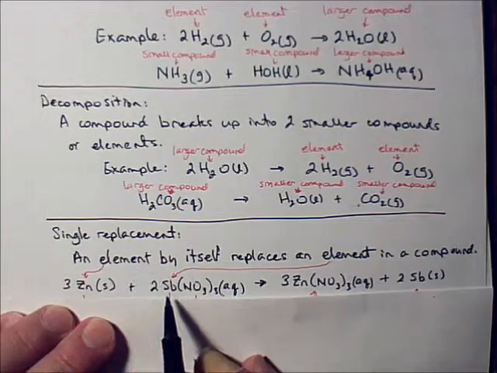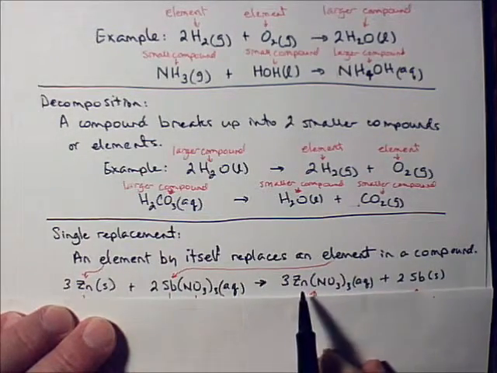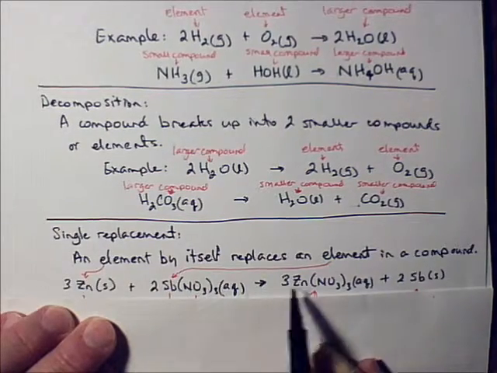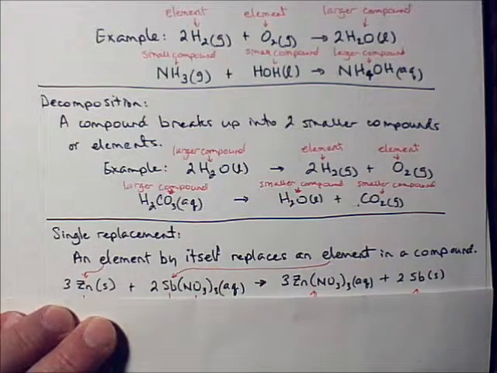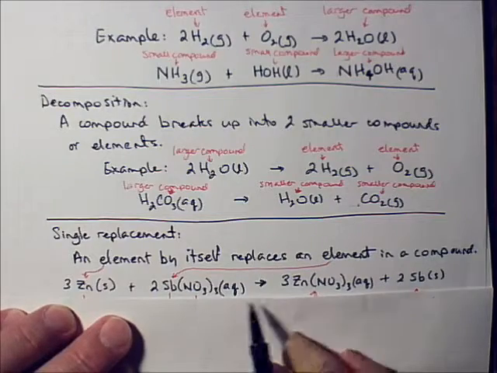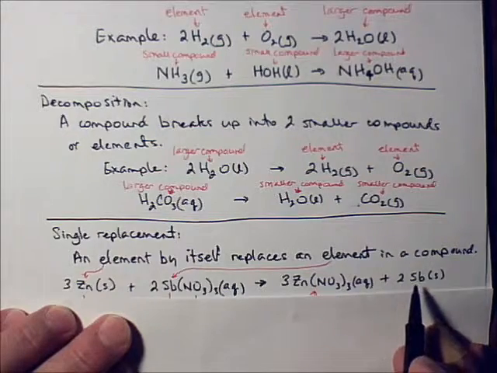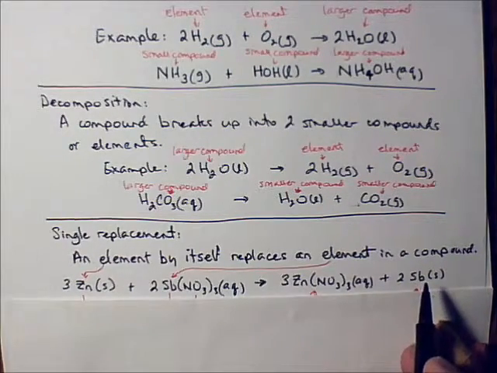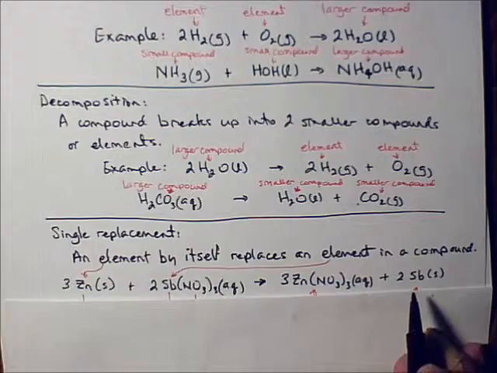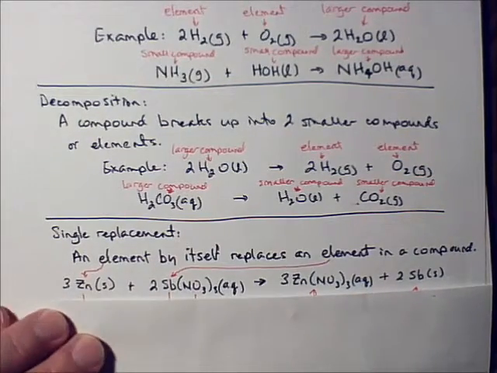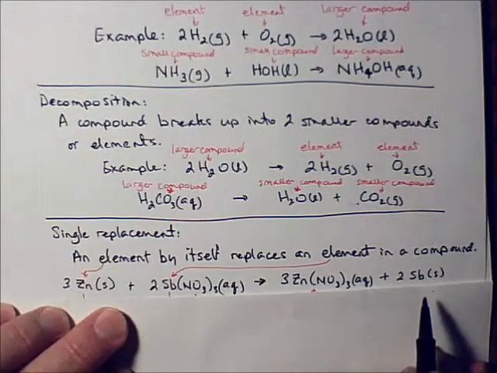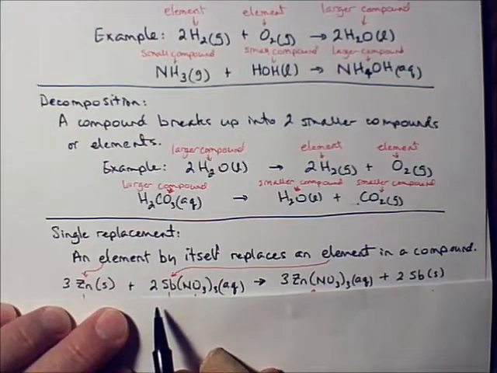So the zinc replaces the antimony, and look, zinc's joined up with what the antimony was joined up with before. This is mine? I want you to just look at it. Put it back down when you finish. Okay? That makes sense? Alright.